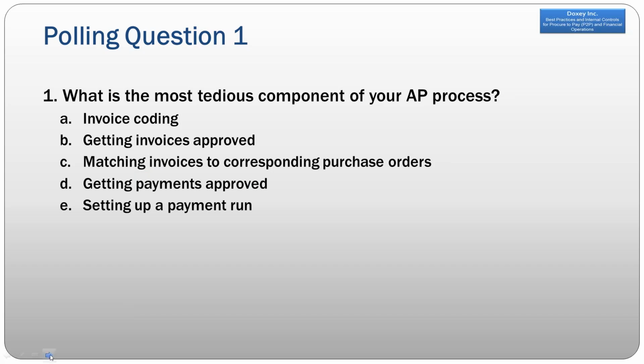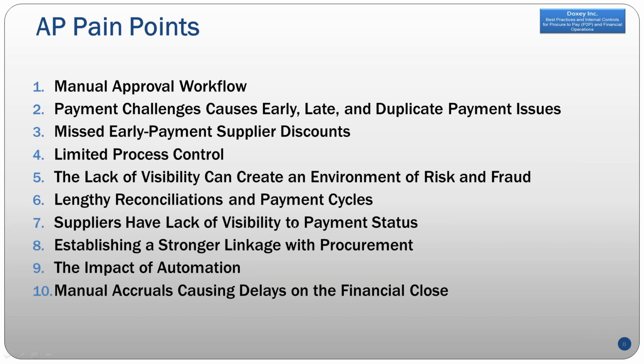You're welcome. All right, so what are the pain points that we typically see in accounts payable? This fits in with the answers to your first polling question. The first one is the manual approval workflow.